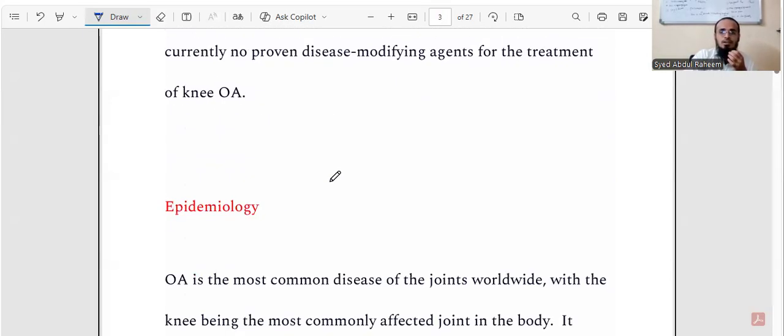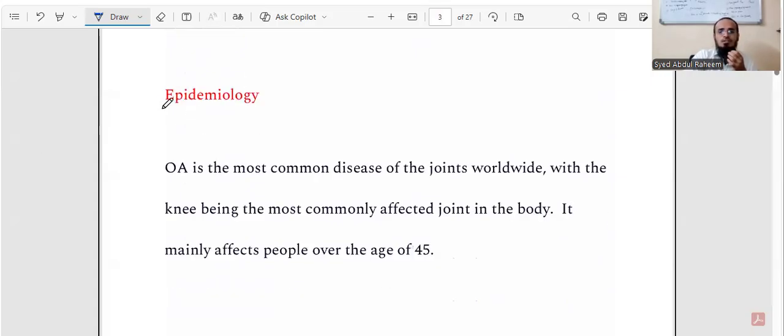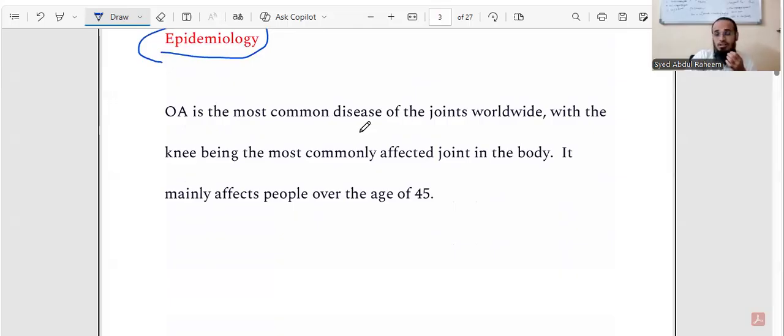So let's see what the causes are. The most common cause is old age. Every person will develop degenerative diseases after a certain age. It is a truth, we cannot ignore that.